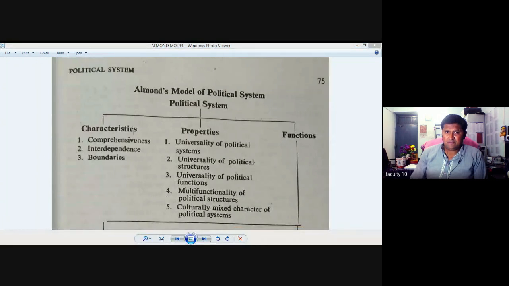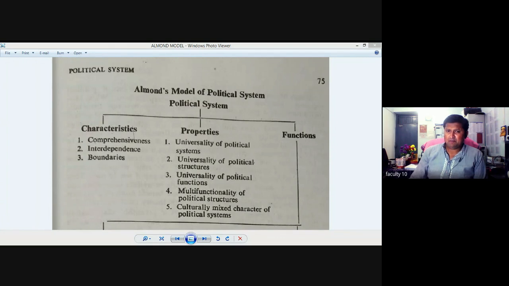These are the characteristics of the Almond model of political system. There are three characteristics: comprehensiveness, interdependence, and boundaries. I have dealt with it in the earlier class.